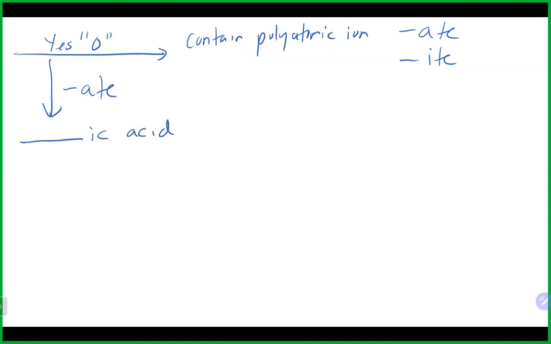Again, a good way to remember this is you ate too much, you feel icky. By the way, is there a hydro in this name? There is not. So no hydro with this deal. So it's something ick acid.